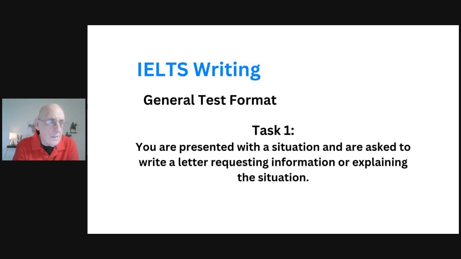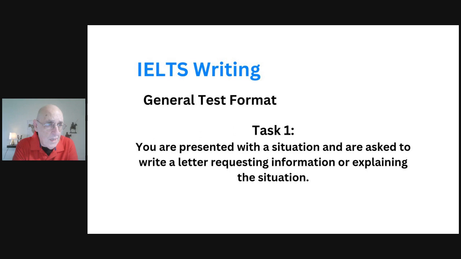And then if we want to take a look at the general test format, task 1 is a different task altogether than you'll find in the academic test. In task number 1, you're given a situation and you're asked to write a letter requesting information or explaining the situation.